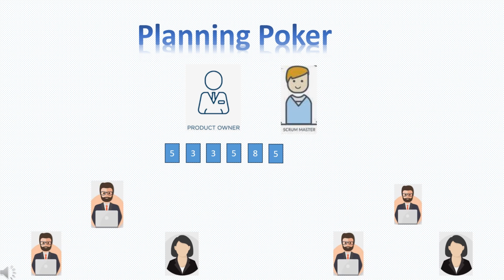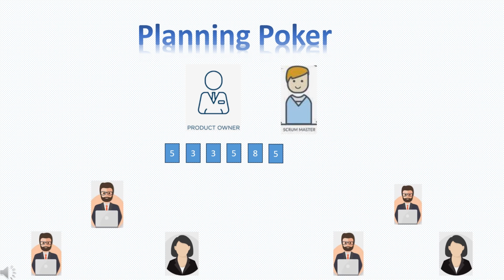So the next step is the product owner reads a story card and answers any questions the team might have. Each team member alone, silently, privately assesses the effort required for the story and decides how many points they want to assign to that particular user story.